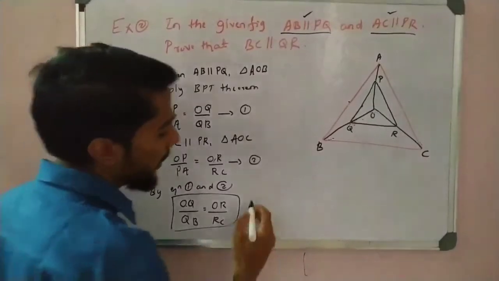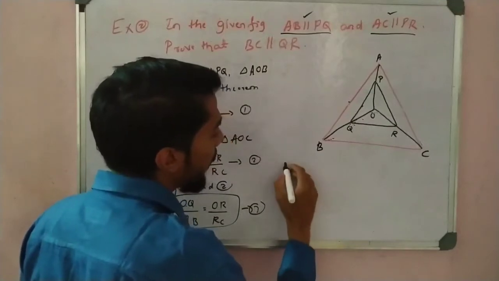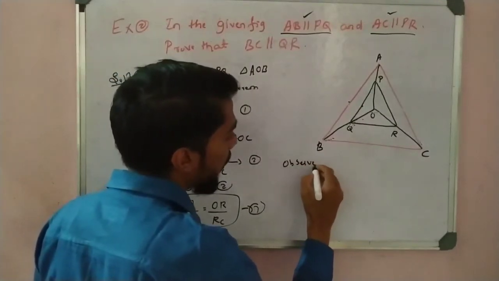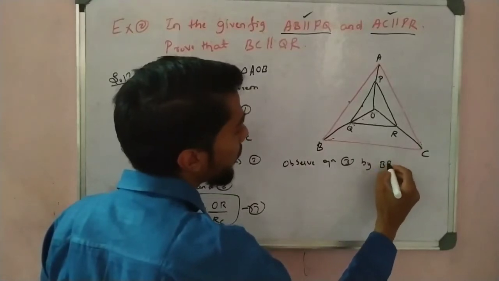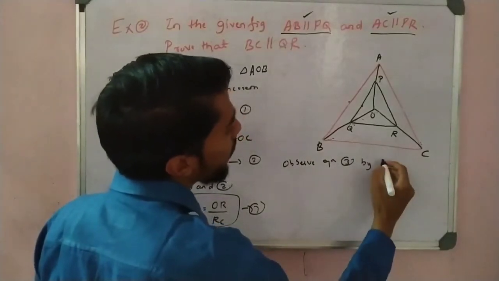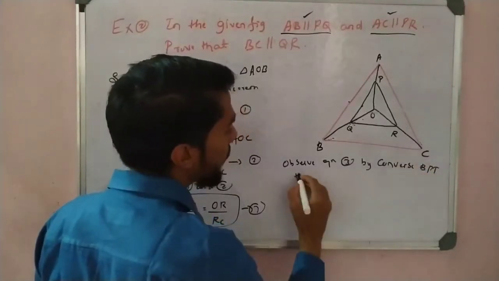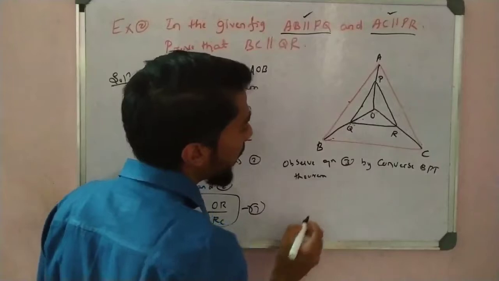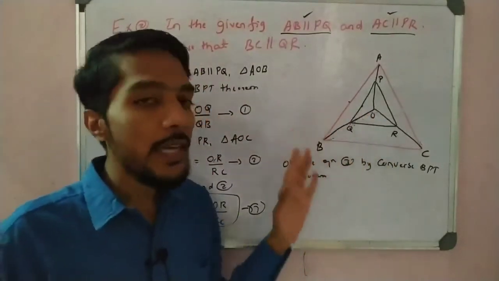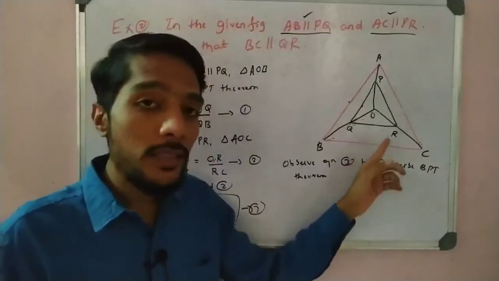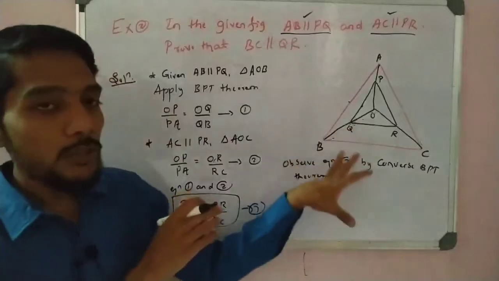What does it mean? Equation 3, by the converse of the BPT theorem. The first theorem says, if the lines are parallel then the sides are in proportion. Here it is reversed: the sides are in proportion, so the lines are parallel.